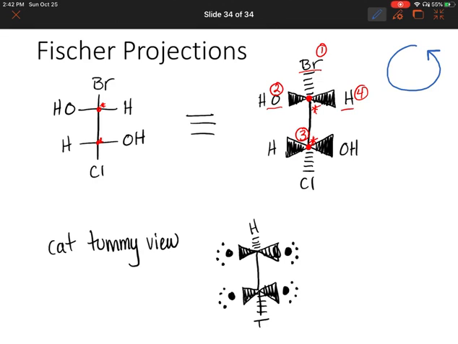So counterclockwise is associated with S. However, hydrogen is pointing out towards us. So this would actually be R. So this indicates S, but it's not S because of the hydrogen pointing out towards us.